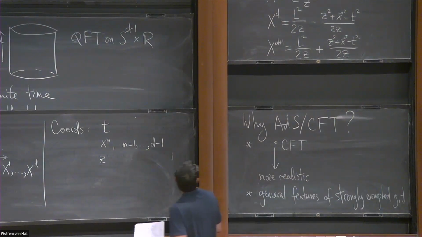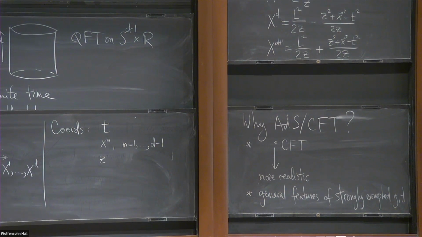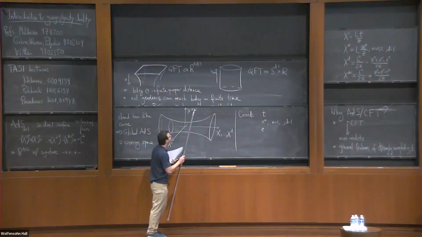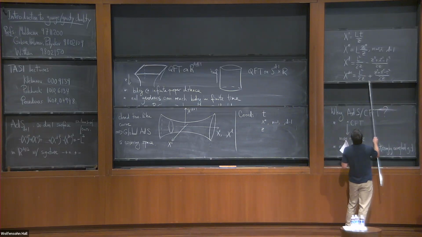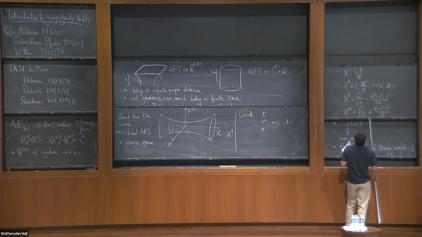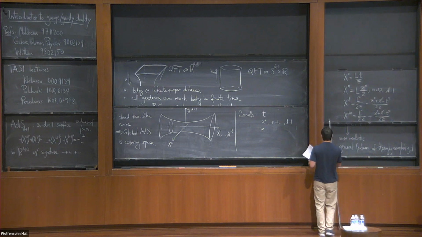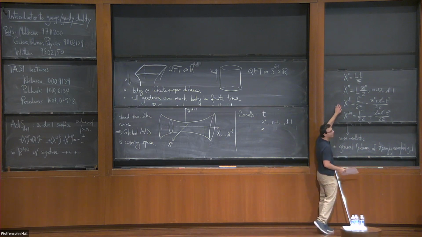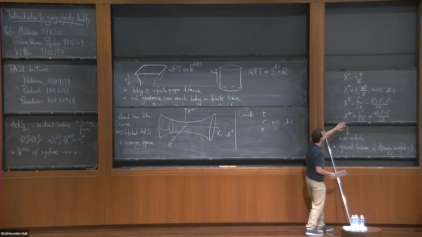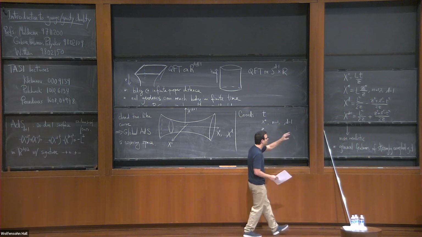So x0 is L t over z, and x1 through x_{d-1} are L times x^m over z. xd is given by a more complicated expression, and xd+1 is also given by that more complicated expression.